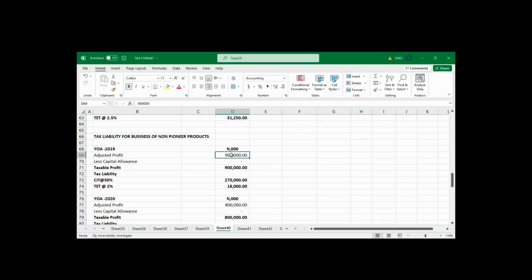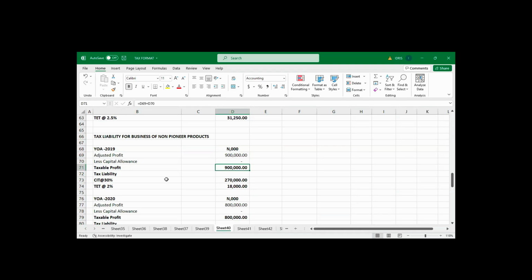In the non-pioneer products, 900,000 was made in the 2018 year end. That means the year of assessment for this is going to be 2019. 900,000. For the non-pioneer product, no capital allowance. That means your total profit still remains 900,000.